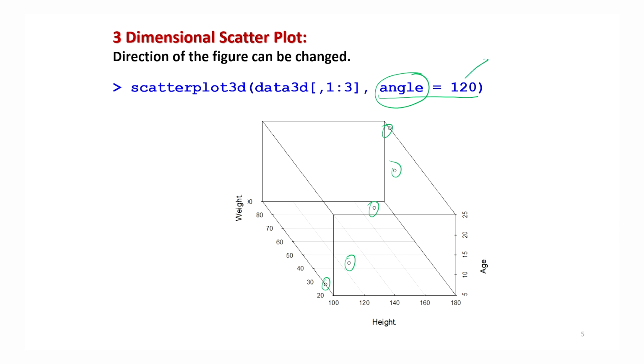Now in case you try to make a loop and rotate this picture by changing the angle, the picture can be rotated in different directions, and when this picture is revolving, you can see how the points lying inside the three-dimensional picture are changing, and whether they are in a plane, look like a straight line, or are in some non-linear curve, etc.